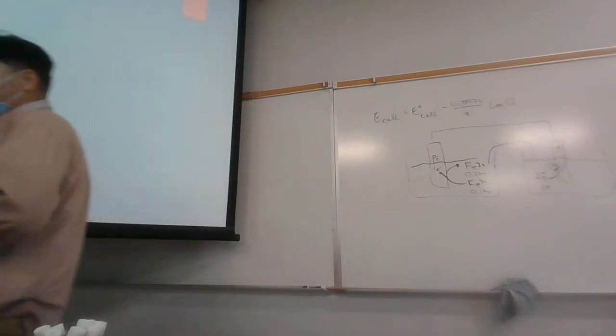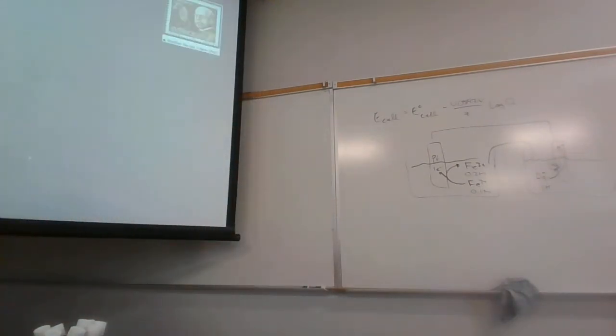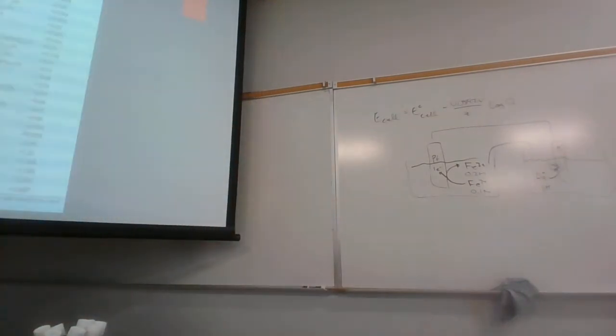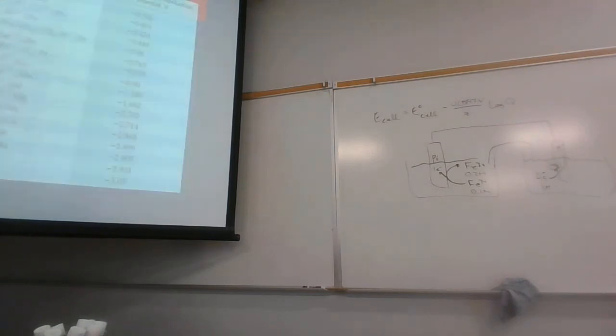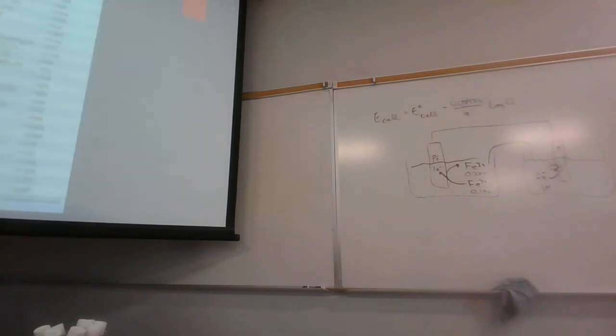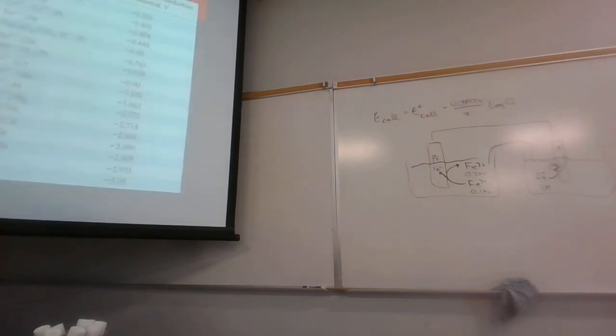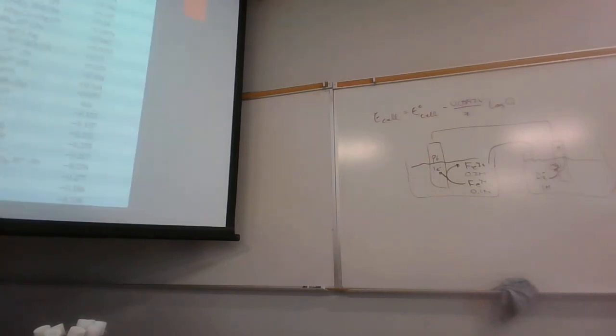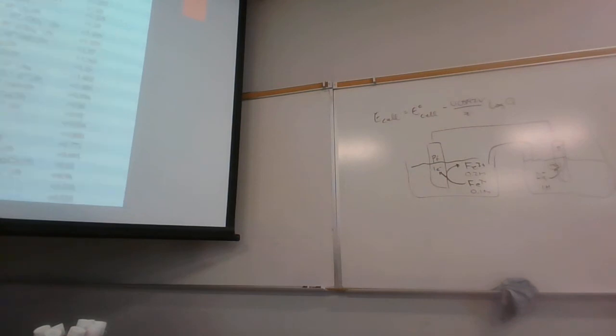So I go to my table. The table is the table of reduction potentials, but the oxidation potential is just the reverse. Let's first look up the oxidation potential for iron 2 going to iron 3. Okay, here it is.